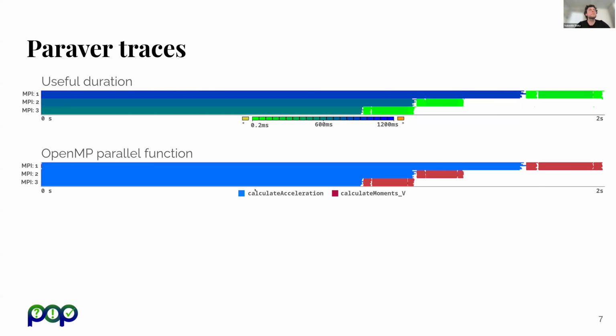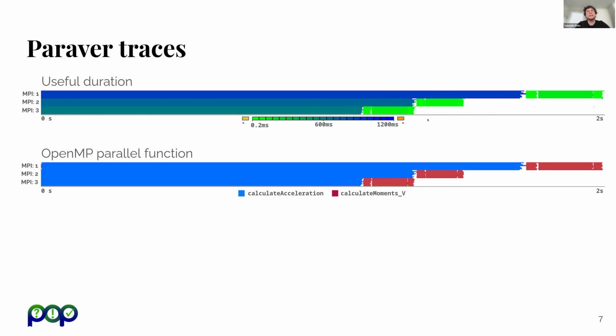We can see all of those processes and all their threads execute the calculate acceleration function. Then the second parallel region is calculate moments, which we can already see is a bit more fine granular. We have probably around 500 milliseconds average duration here compared to the 1.2 seconds that calculate acceleration took.